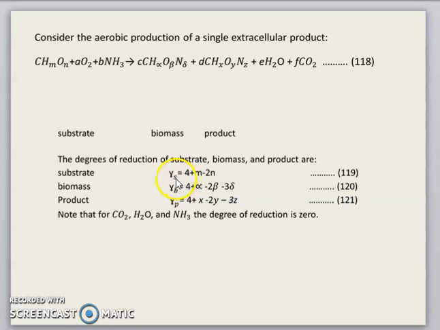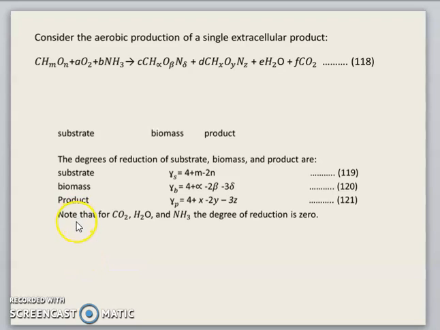So the degree of reduction will be 1 times the degree of reduction of C, which is 4, plus H, whose degree of reduction is 1, times m, the number of atoms, and then you have O, whose degree of reduction is -2, times n. The same goes for the biomass and product.